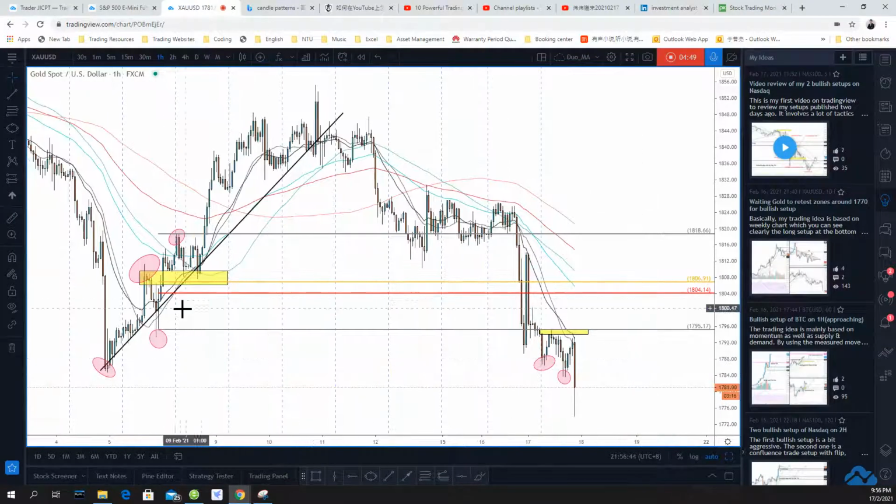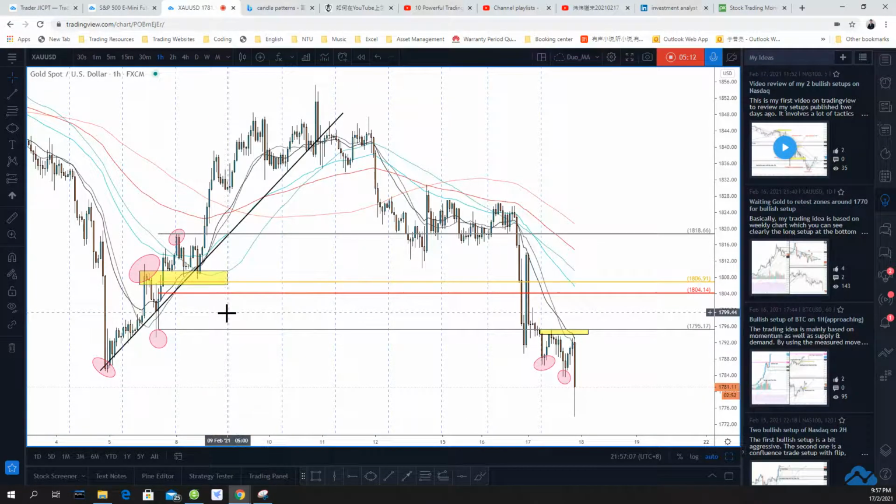So this is what we call the supply demand core trading strategy. It's confluence trading. We've got the MA, we've got Fibonacci, we've got the flip zone, and we've got the short-term MA turning up and crossing here. So all those are good signs.